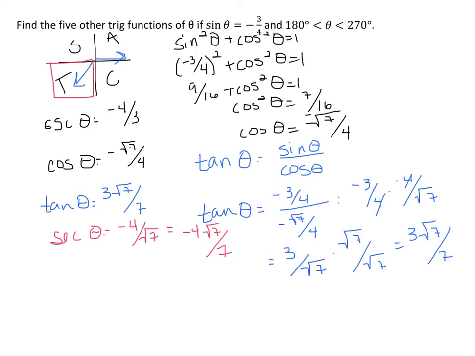And because we have the tangent, we can very easily say that the cotangent is the square root of 7 over 3. Notice cosecant is negative because sine is negative. Cosine is negative, secant is negative. Tangent is positive, cotangent is positive because of the location on the coordinate plane.